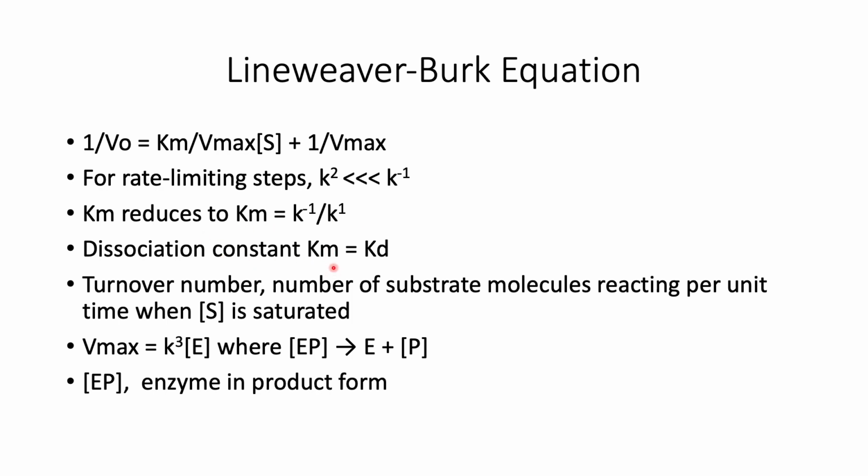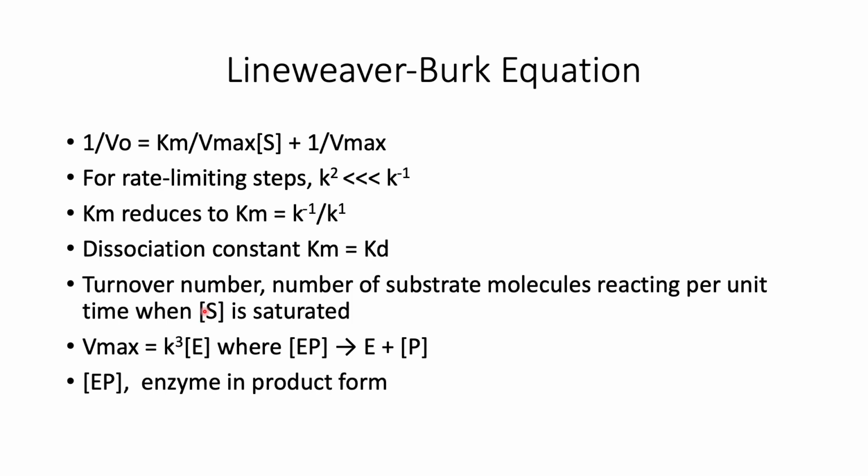The dissociation constant is also a situation where you get Km equals Kd, and this is the breakdown of the enzyme substrate complex, either going back to the reactant or going forward to the product. The turnover number is what happens when you have saturated substrate.